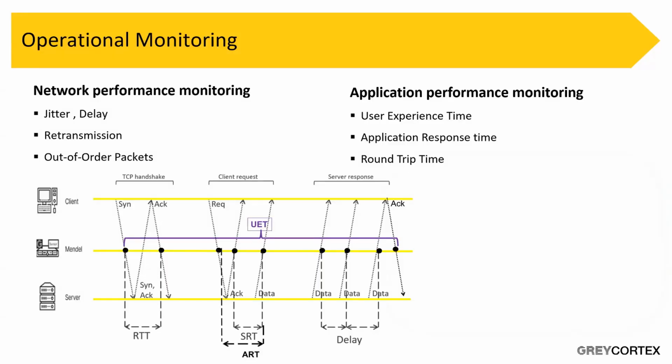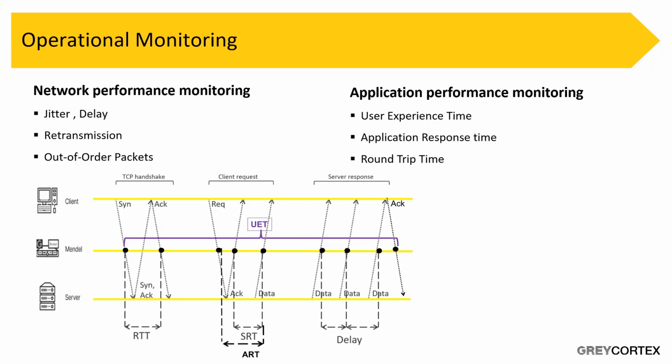So you can see here how we look as a network monitoring system at the network, and that we are equipped in the network somewhere between the client and the server, and that we are looking at certain signals to measure times. The times we can measure are the round trip time, for example, server response time, user experience time, delays, jitter.